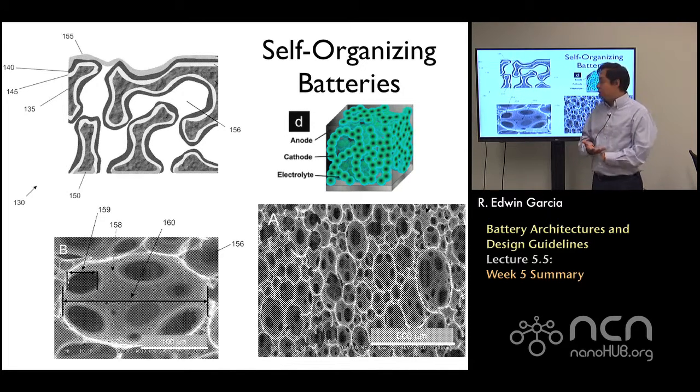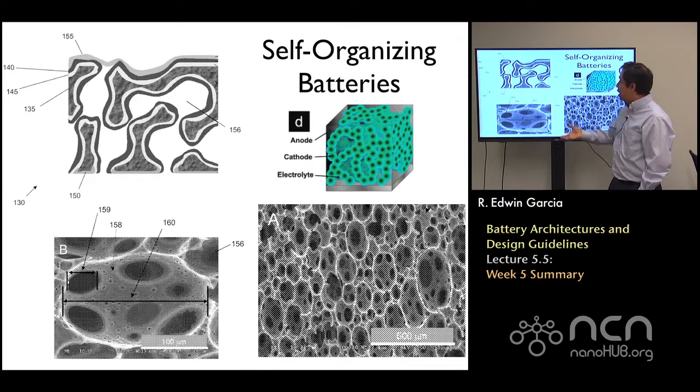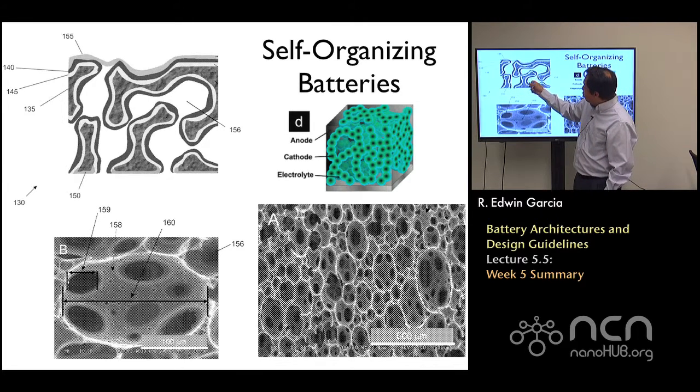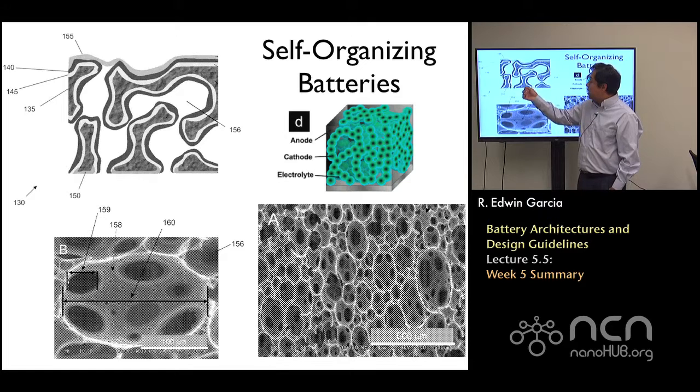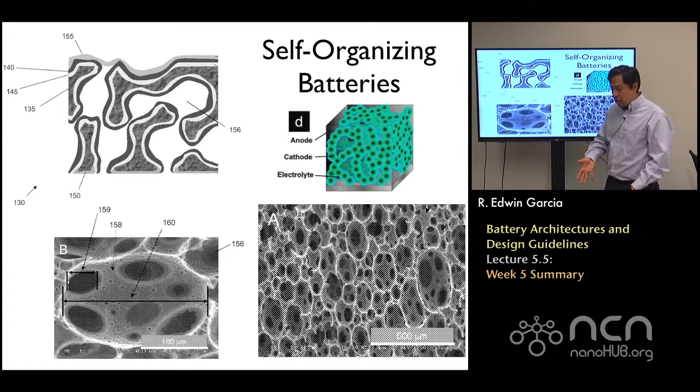Then you coat that with another material, say with electrolyte, and then you fill in the remaining of the gaps with a counter electrode, so that you can have this bicontinuous structure where the cathode always has an ohmic connection with the correct lead, and the anode also has a connection, so that you can always intercalate between them.